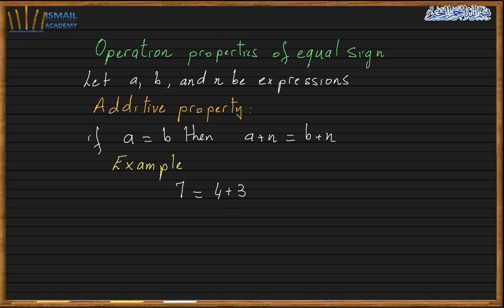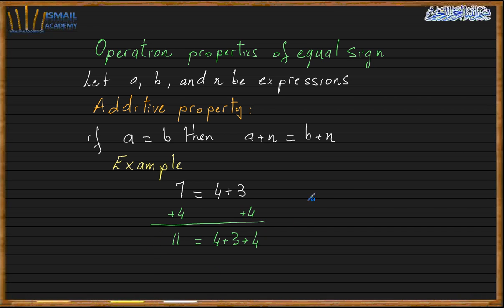So if I add, for example, 4 to both sides, you see here it's going to be 11, and here is going to be 4 plus 3 plus 4. If we add those, it's going to be 11. So it's the same thing.